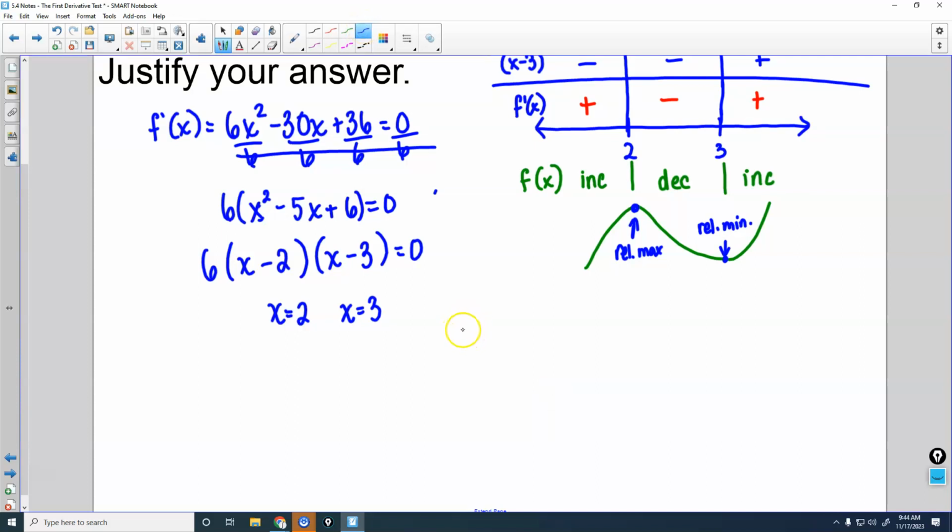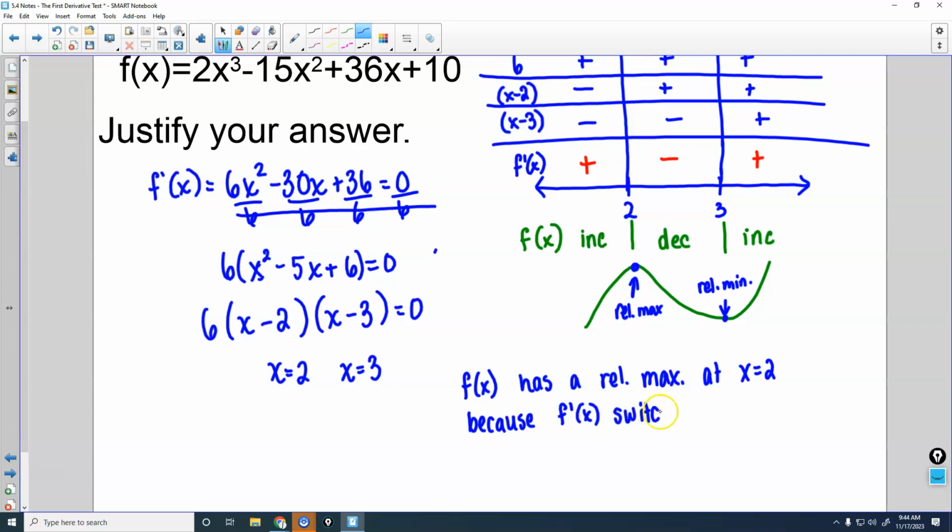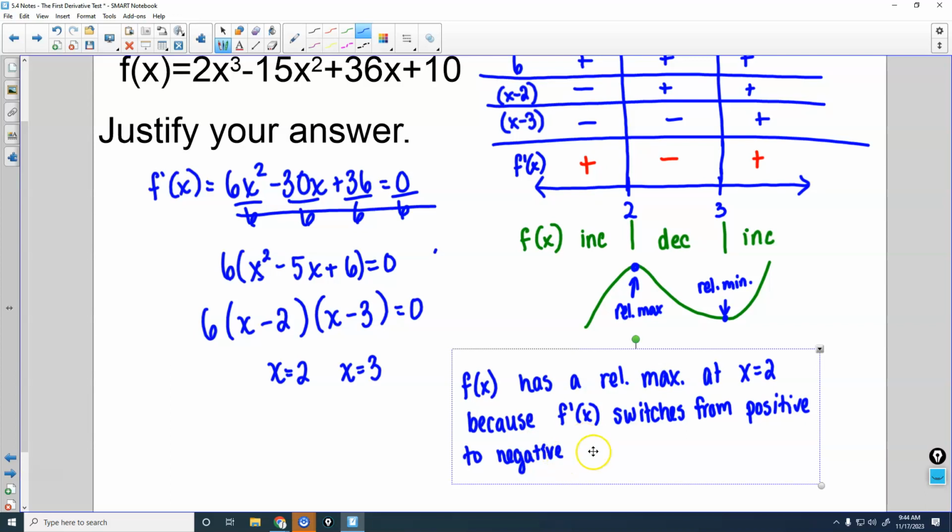You are going to say that f of x has a relative maximum at x equals 2 because f prime of x switches from positive to negative at this point.